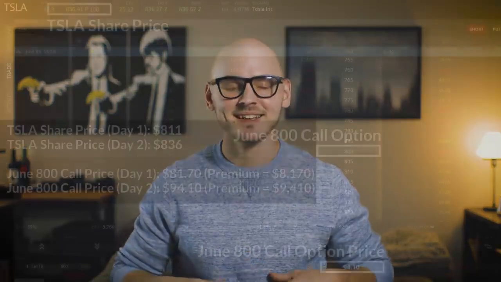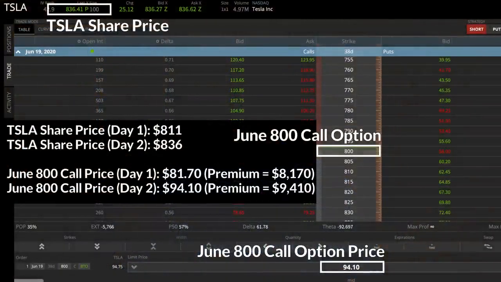As we can see, the 800 call option in that June expiration cycle is worth $94.10. And if we multiply that price by the option contract multiplier of 100, we get an option premium of $9,410.